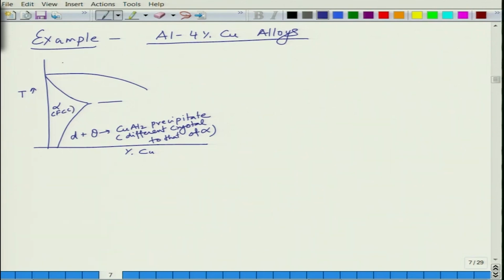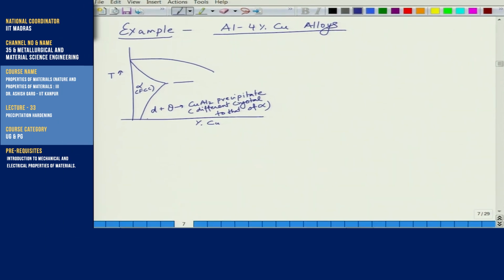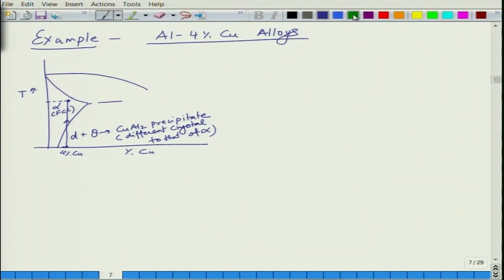So what we do is that you take an alloy of 4% copper from room temperature. You heat it to a high temperature, somewhere here, and allow the solution treatment. Then you come back to a lower temperature somewhere around here, and then you hold it and then you cool it again.